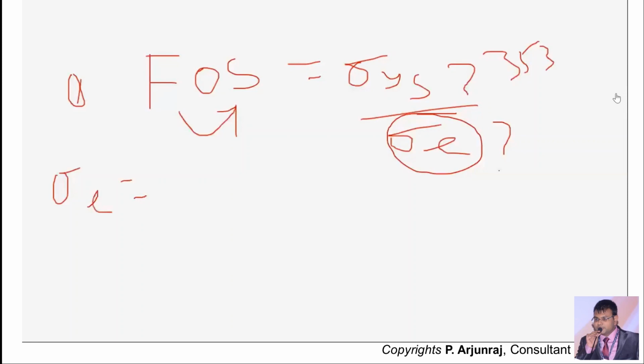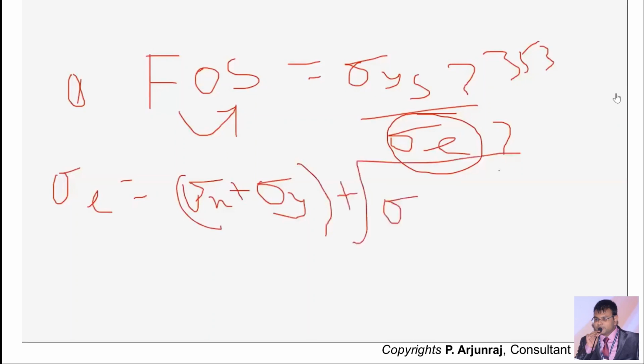So sigma E is equal to sigma x plus sigma y, plus root of sigma x minus sigma y the whole square plus 4 into tau xy square.